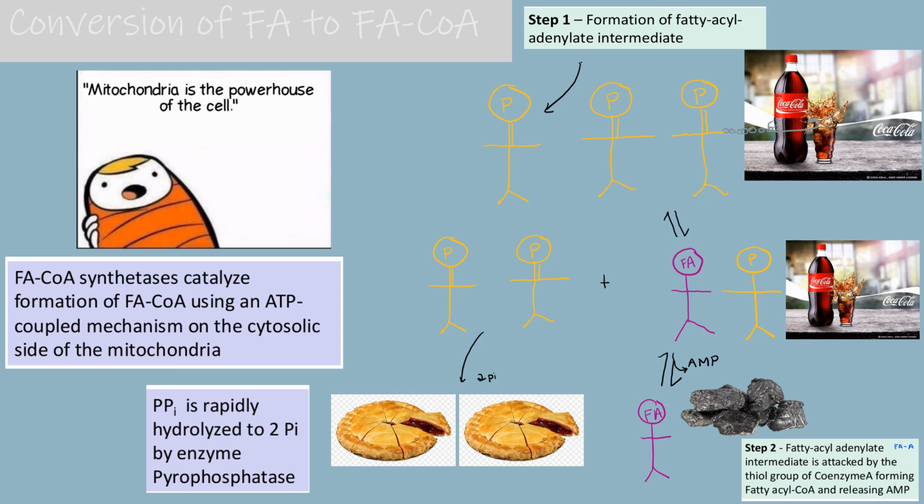And a little bit more in depth for the conversion of fatty acid to fatty acyl coenzyme A, which we just labeled as FA-CoA. Excuse me, that's a huge tongue twister. And of course it's occurring on the side of the mitochondria, powerhouse of the cell. So fatty acyl coenzyme A synthetase catalyzes formation of the fatty acyl coenzyme A using an ATP-coupled mechanism on the cytosolic side of the mitochondria.